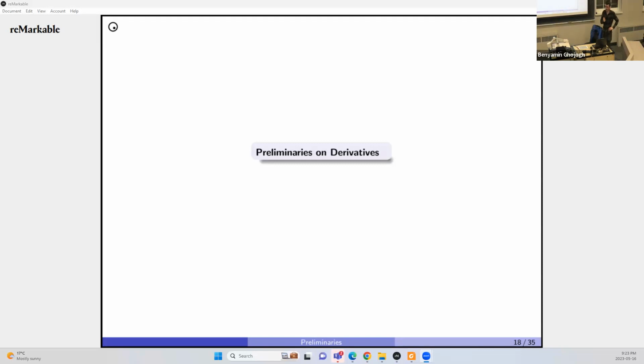Now A is a vector. B is also a vector. A is a d-dimensional vector. B is an n-dimensional vector. What is the derivative? It's a matrix, exactly.